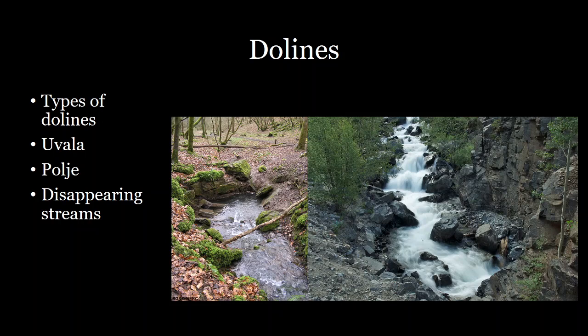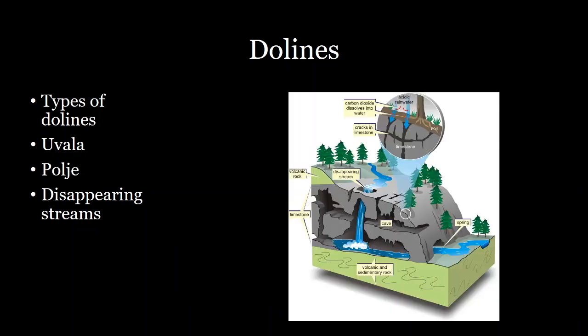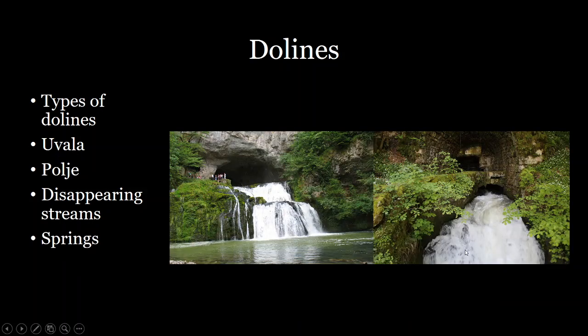And so it can look like the water is flowing and then it just stops flowing and instead flows into the cave. You can see that here as well in this diagram, where you have a stream flowing, it enters a sinkhole and then starts flowing into the cave system instead, and then comes out as a stream or as a spring.